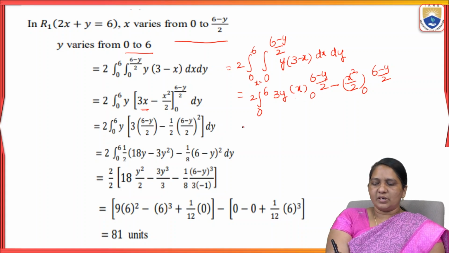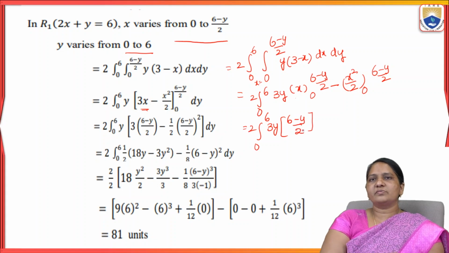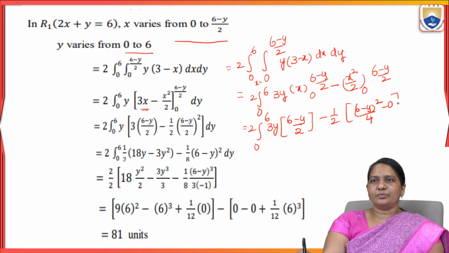Now we are replacing the limits here. 2 integral 0 to 6, 3y into the x limit (6 minus y) by 2, minus 0, minus 1 by 2 taken out, so x square, and in place of x we replace, so (6 minus y) whole square by 4 minus 0.